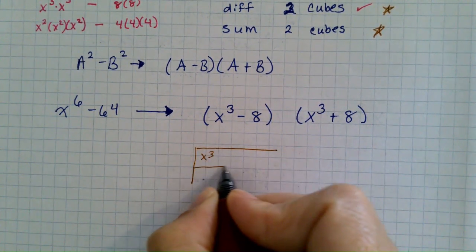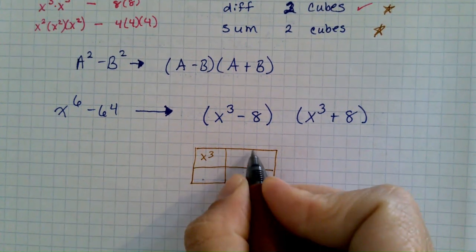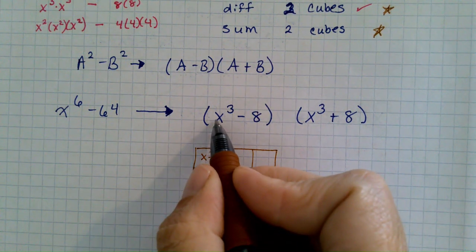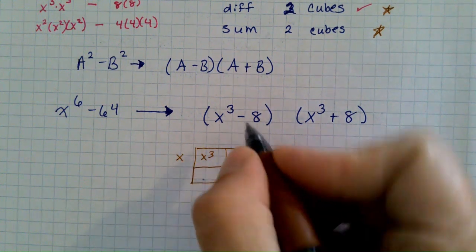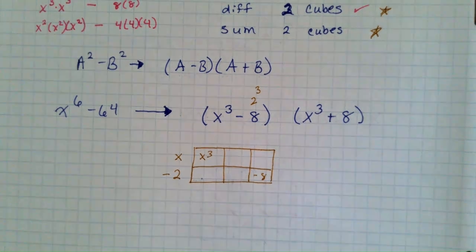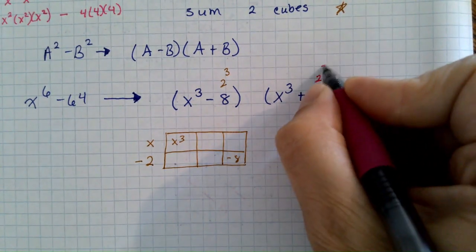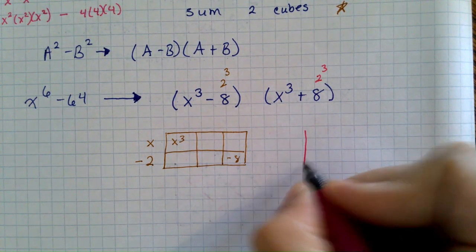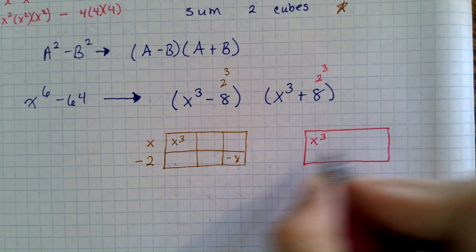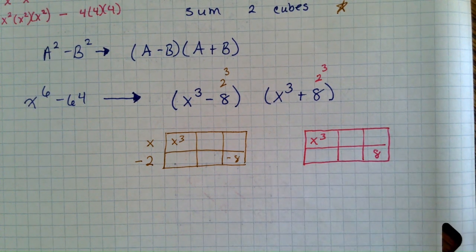X cubed minus 8. And we know this is x times x times x, or x to the 3rd. We know 8 is 2 cubed, so I'm going to put minus 2 here. For the other one, we know that this is 2 cubed again. We have x cubed here, and we have 8 at the end.